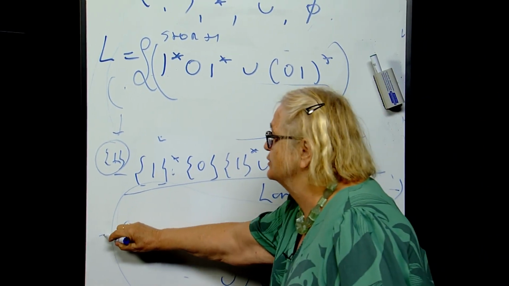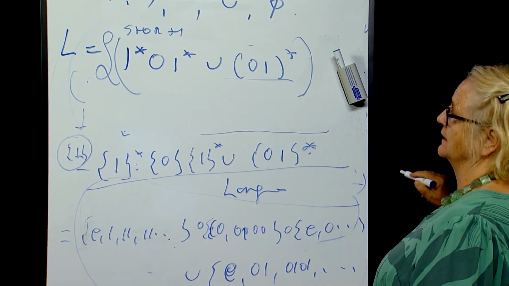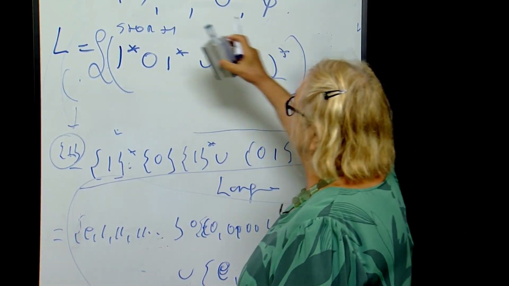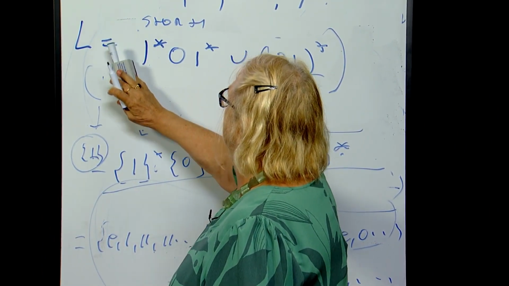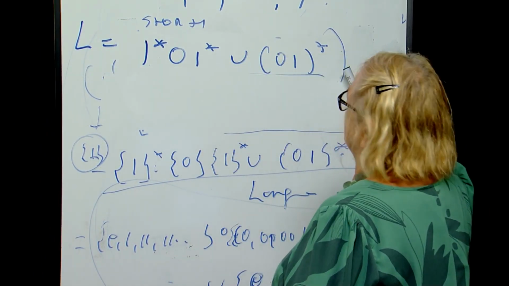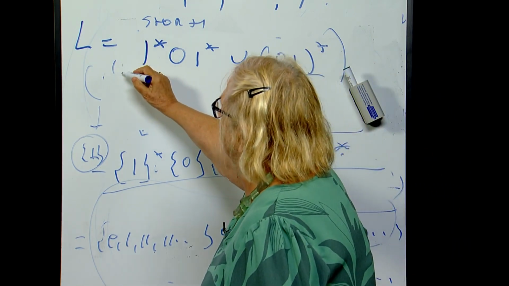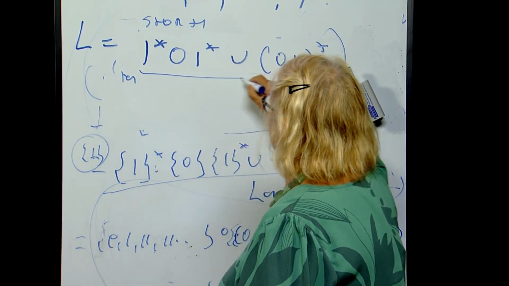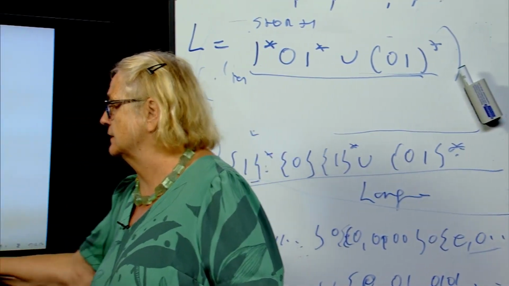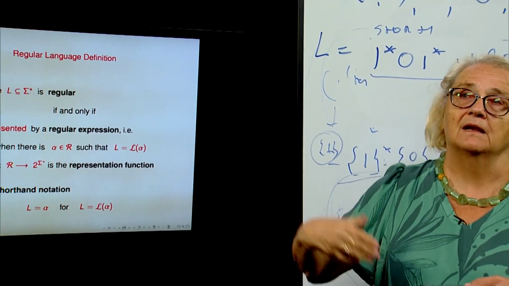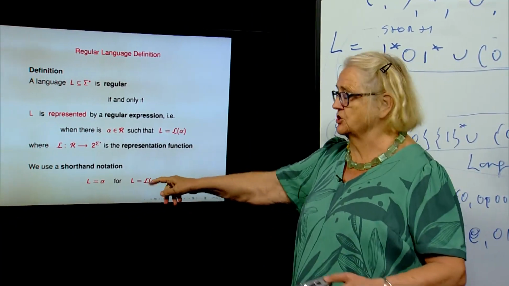And if you want to see how it looks, in shorthand, instead of writing this L, you say that L is represented by that expression. So it's a useful shorthand notation instead of writing each time this function L.